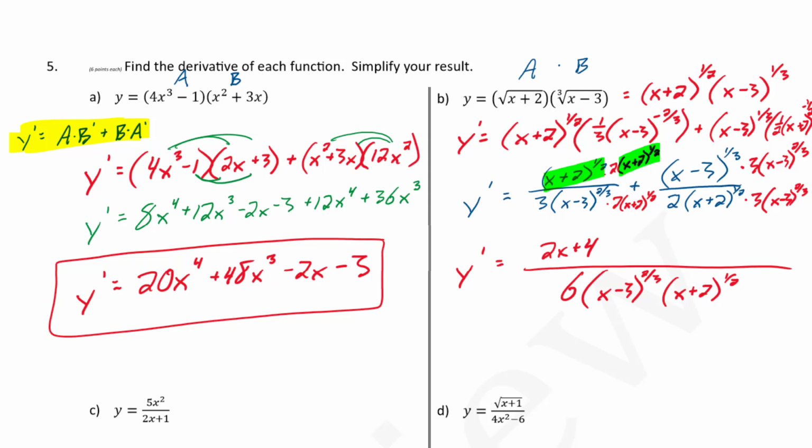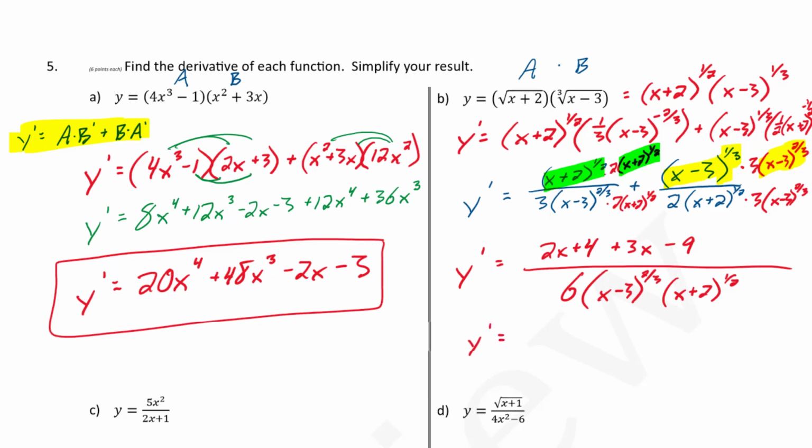And then the next one, if I multiply the x minus 3 to the 1/3 by the x minus 3 to the 2/3, that completes that to make it 3/3. Or I can just distribute the 3 through, and that would turn into a 3 times x and a 3 times a negative 3, which would give me a negative 9.